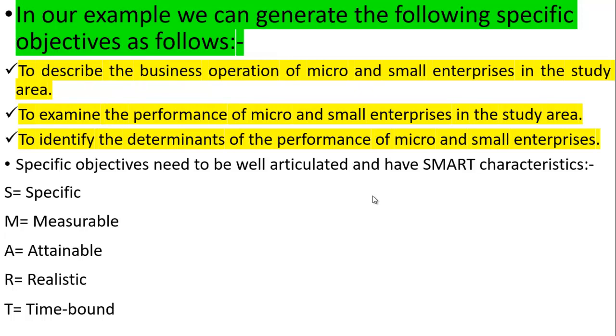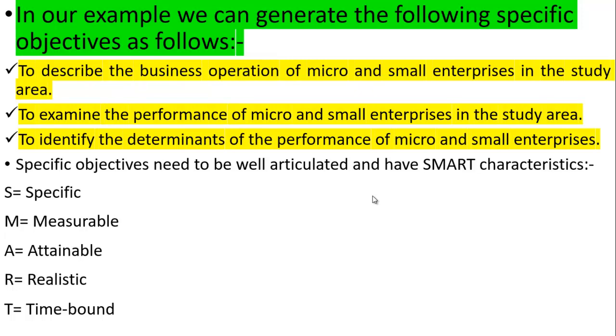And realistic means there should be clarity of how to achieve the objectives. Okay, there should not be ambiguity. The objectives should not be something unrealistic that cannot be achieved. Okay, and time bound.